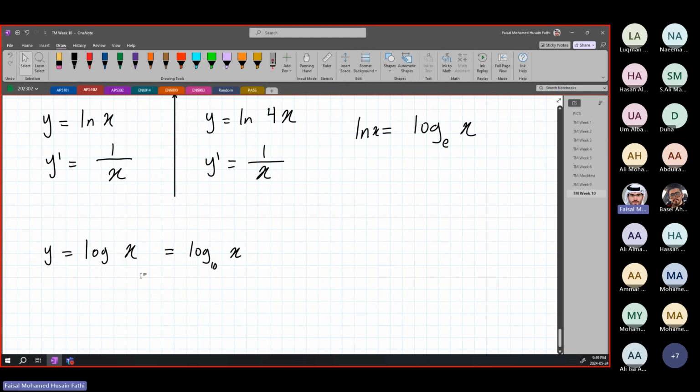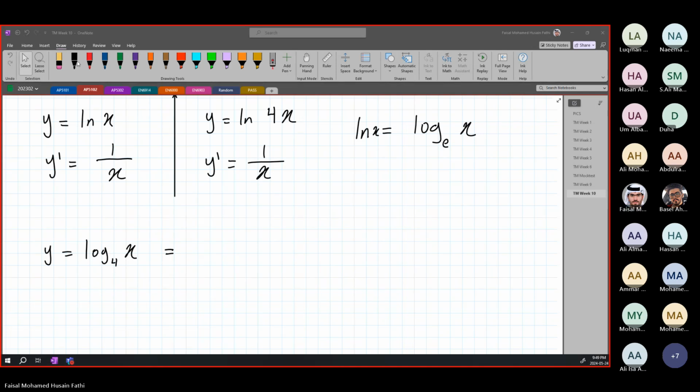So now what about log of x? Let's say instead of log 10, we have log base 4 of x. How are we going to do this? It is going to be the same idea as ln. It is going to be 1 over x, but we are going to multiply by the ln of the base.